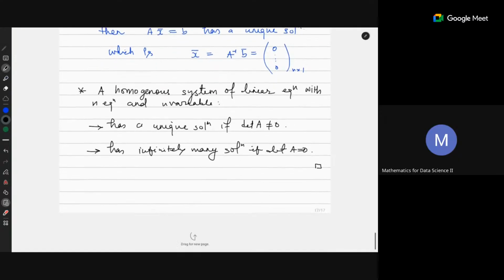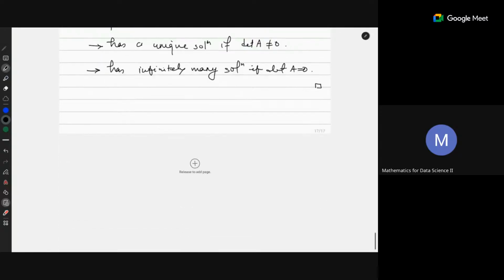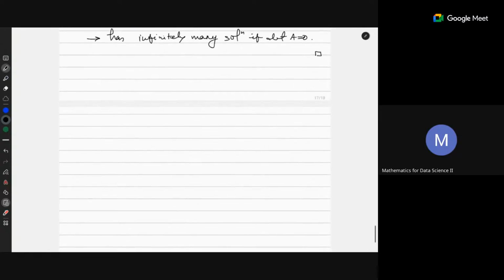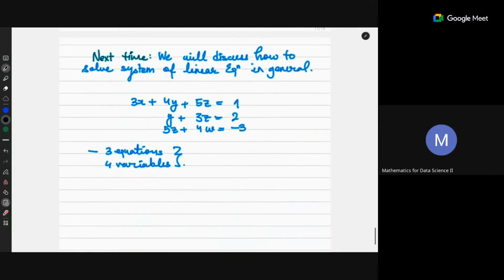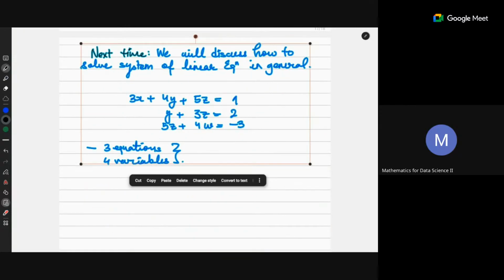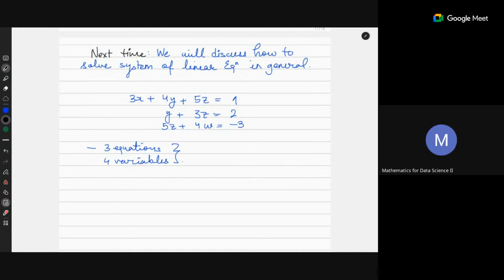Okay. So now, in the next session, which is going to be on Thursday, we are going to look at the solution space of system of equations whose coefficient matrix is not a square matrix. For example, in this case, it has three equations, but the number of variables are 4: x, y, z, and w.